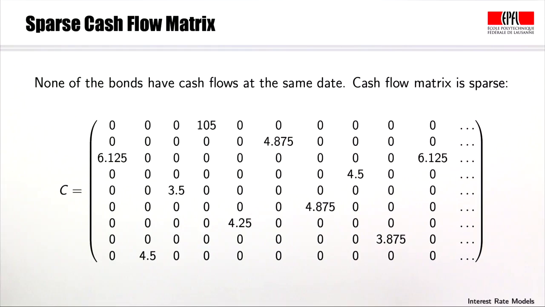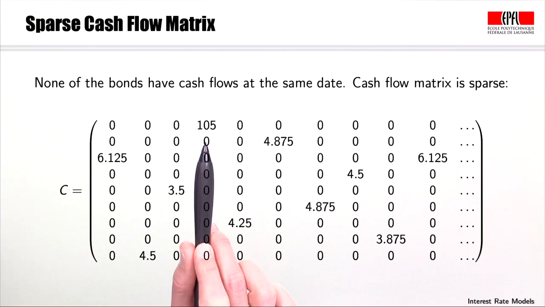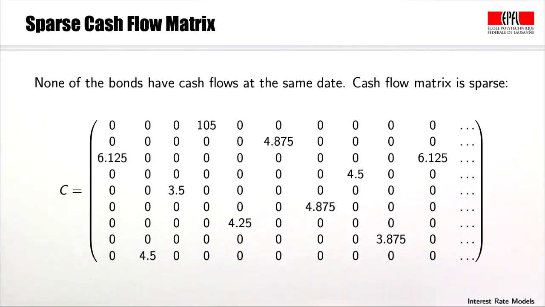We can summarize these cash flows into the matrix C. In the first row, we see the cash flow of bond number 1, which matures and pays the principal plus the 10% coupon rate. Remember that coupons are paid semi-annually, rates are annualized, so the interest paid on the maturity date is 5.